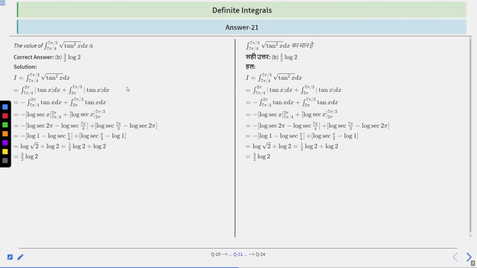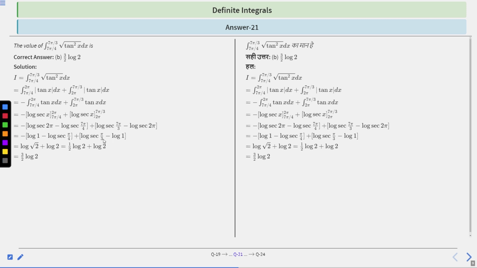I is basically the integral from 7 pi by 4 to 7 pi by 3 of root over tan square 10x dx. Therefore, I is equal to the integral from 7 pi by 4 to 2 pi of mod tan 10x dx plus the integral from 2 pi to 7 pi by 3 of mod tan 10x dx. Now see, 7 pi by 4 to 2 pi is in which quadrant?